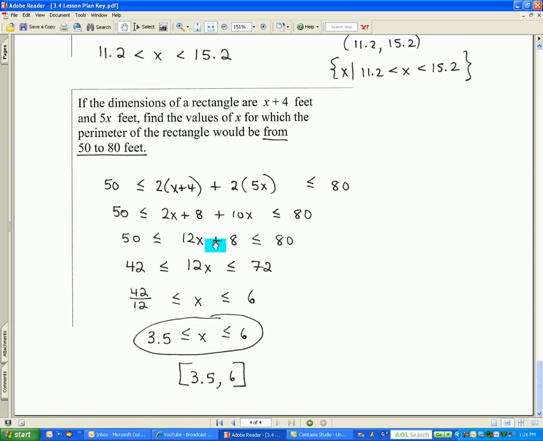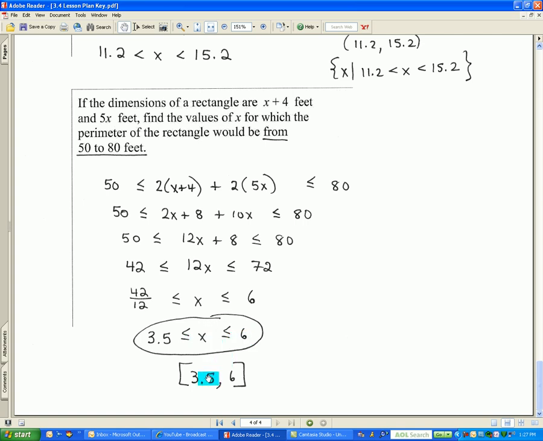I now get x alone in the middle by subtracting 8 from all parts, resulting in 42, 72, and 12x in the middle. When I divide everything through by 12, there's no sign reversal. 42 over 12 becomes 3.5, 72 divided by 12 becomes 6, x is in the middle.